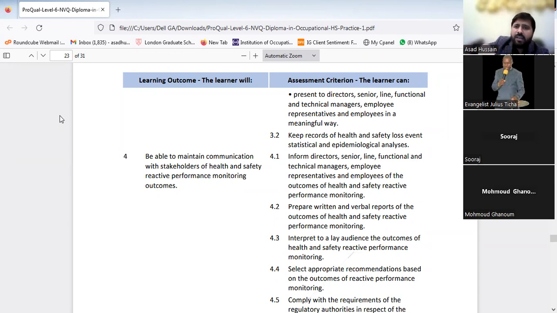In the same way, in health and safety, on the basis of epidemiological studies, we check the causes and the reasons, and then with the help of statistical techniques, we look at the accident and incident rate in our organization and what will happen in the future.